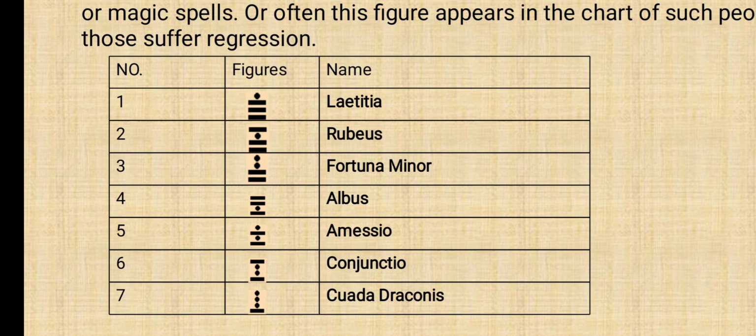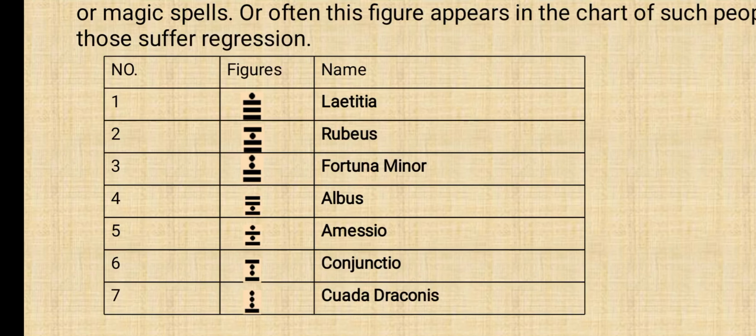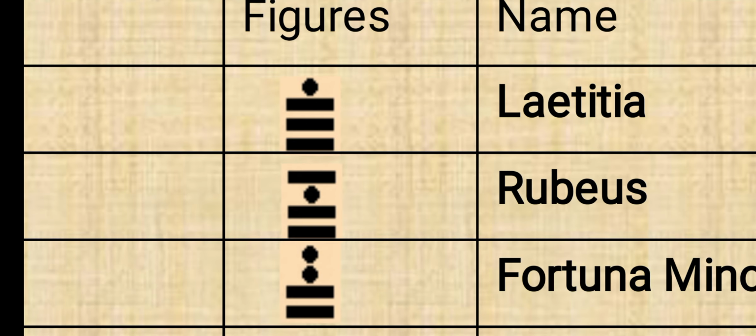Okay, so second figure is Rubius, third is Fortuna Minor, fourth is Albus, fifth is Amissio, sixth is Conjunctio, and seventh is Cauda Draconis. Okay, now what you have to remember or memorize is that Laetitia has a dot on the fiery point, while it has three lines on all the remaining elements.